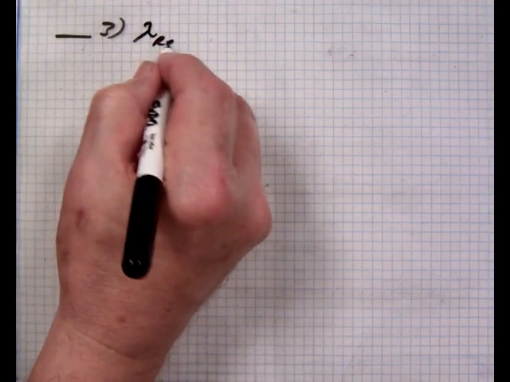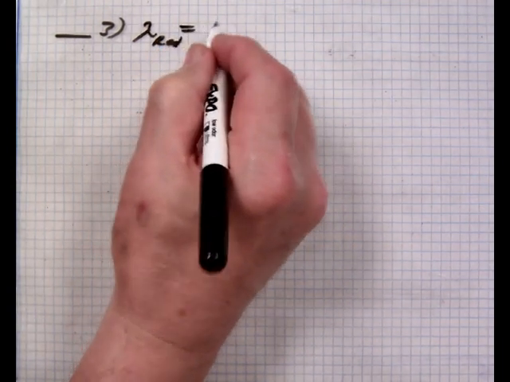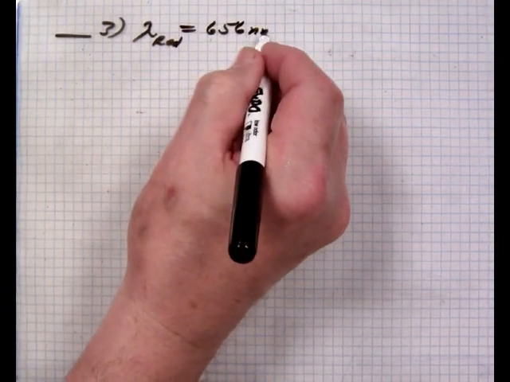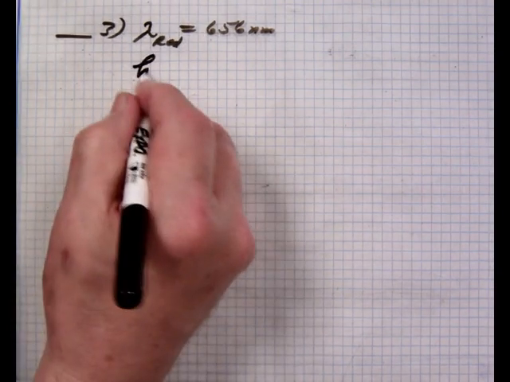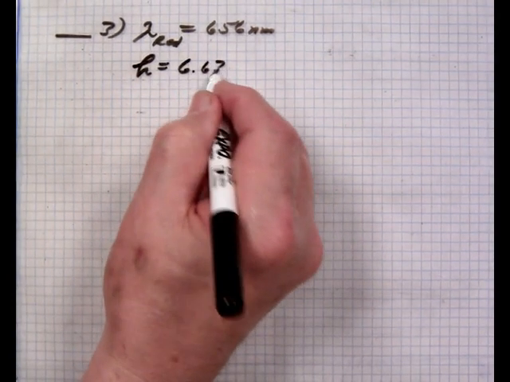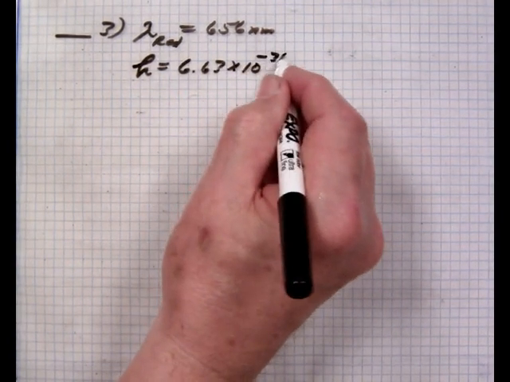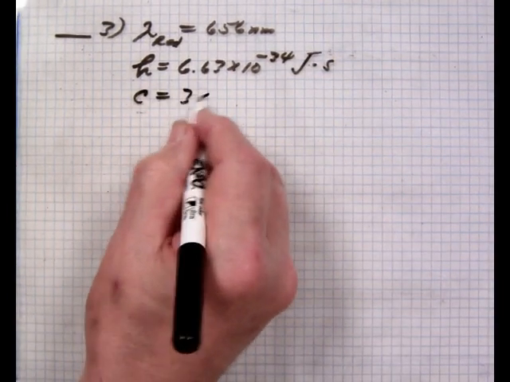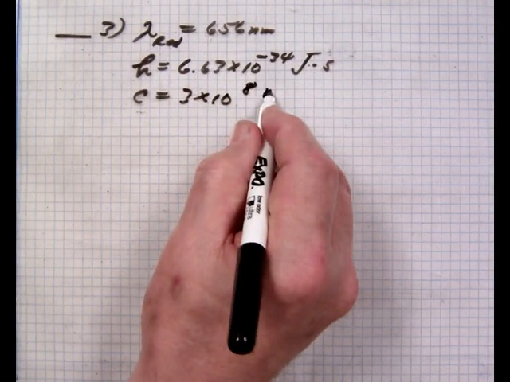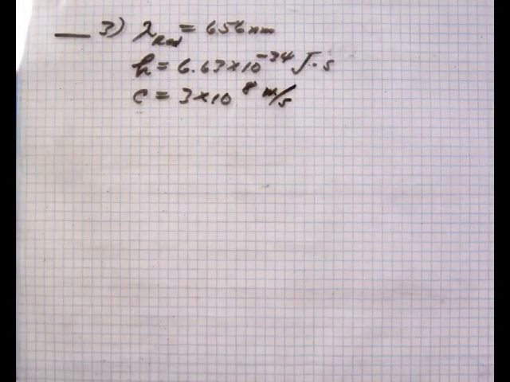A photon of red light has a wavelength equal to 656 nanometers. What is its energy, given h is 6.63 times 10 to the minus 34 joule seconds and the speed of light is 3 times 10 to the 8th meters per second?